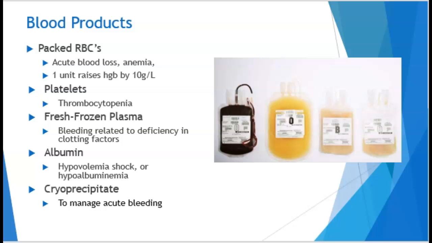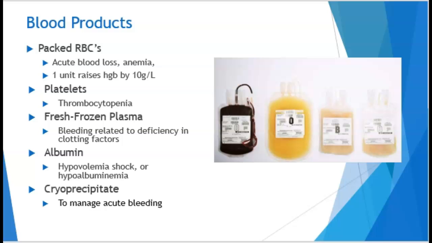Blood products are more expensive than crystalloids or colloids, and they're less available because they need donors in order to keep that blood supply up. We would choose a packed red blood cell for a patient that has lost, say, 25% of their blood volume. So it could be used for someone that has had an intraoperative bleed, or with a surgery, or some sort of a hemorrhage.